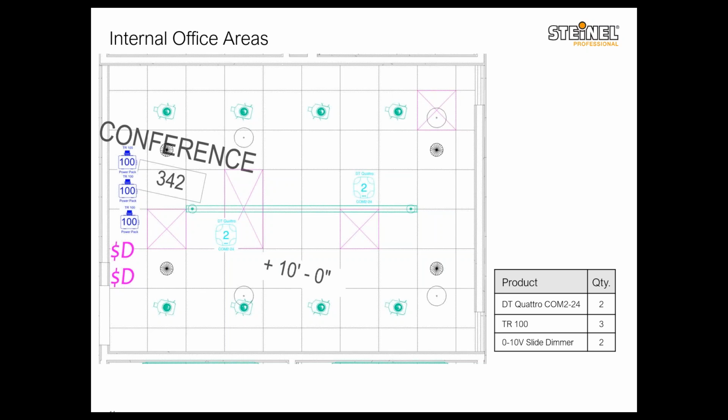Now we can look at this case a little bit differently, and that is, what if this was a conference room by the window? So let's say the top part of the conference room had windows.